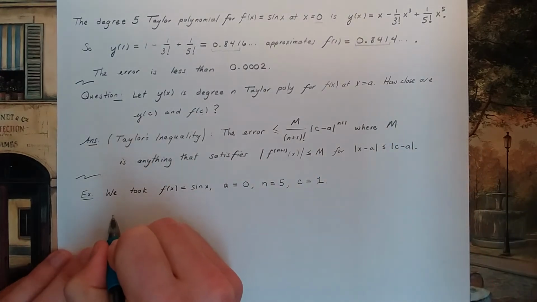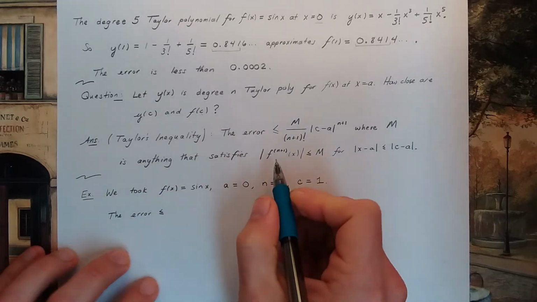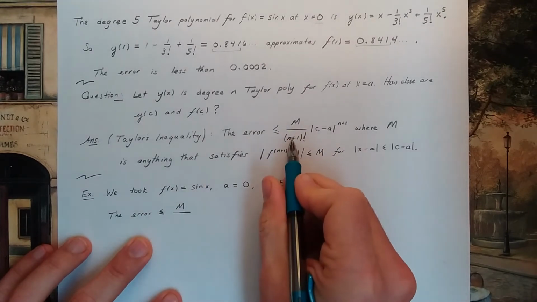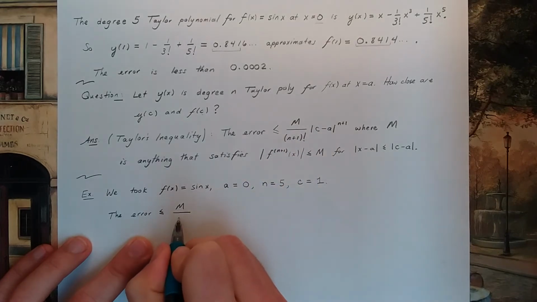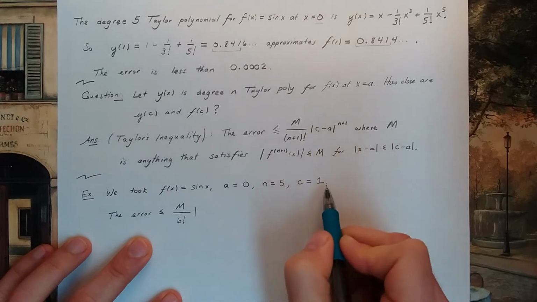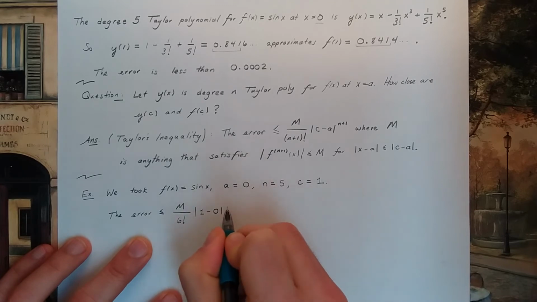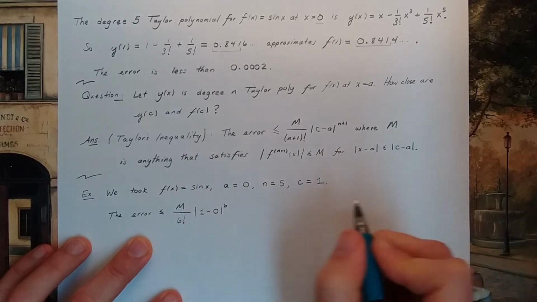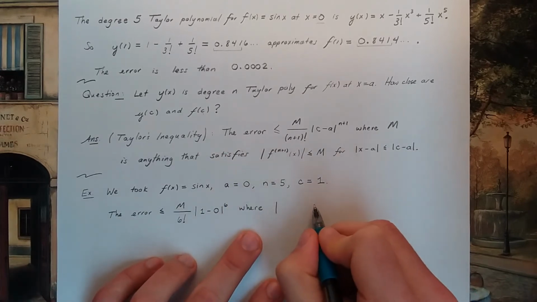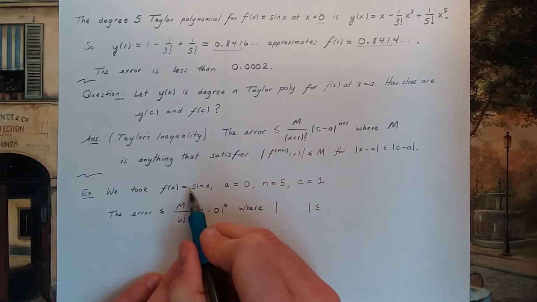So this says the error in my approximation is less than m. We'll talk about what that is in a minute. Divided by n plus 1 factorial, so 6 factorial, times the absolute value of c, which is 1, minus a, which is 0, to the 6th power, where m is less than or equal to the 6th derivative of sine x.